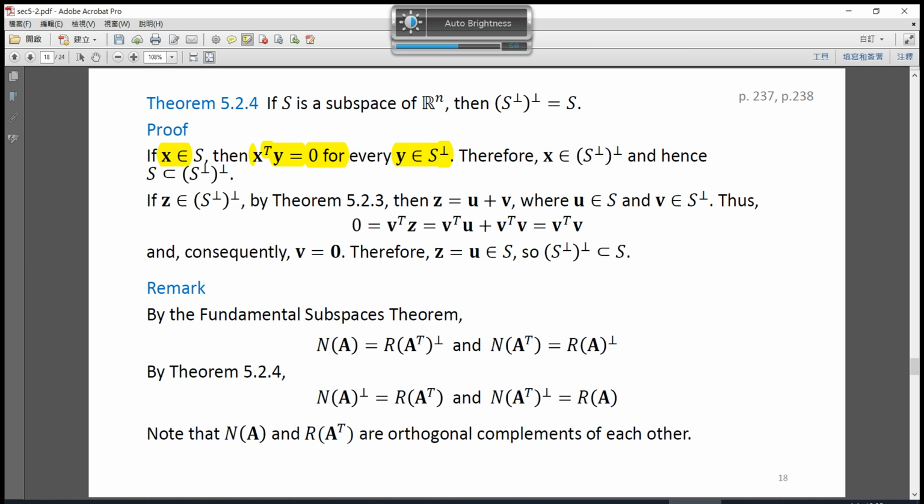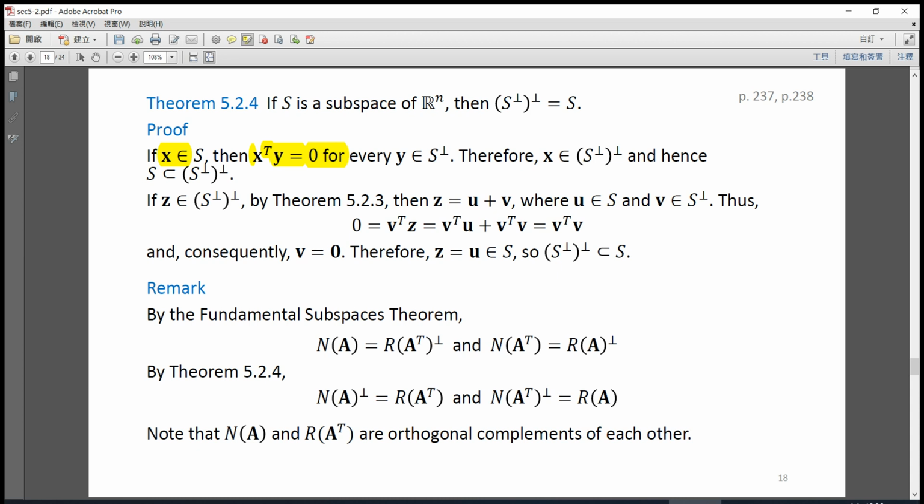However, this is the definition of the perp of S perp. In view of the definition, we know x belongs to the perp of S perp, and hence the first inclusion is proved.